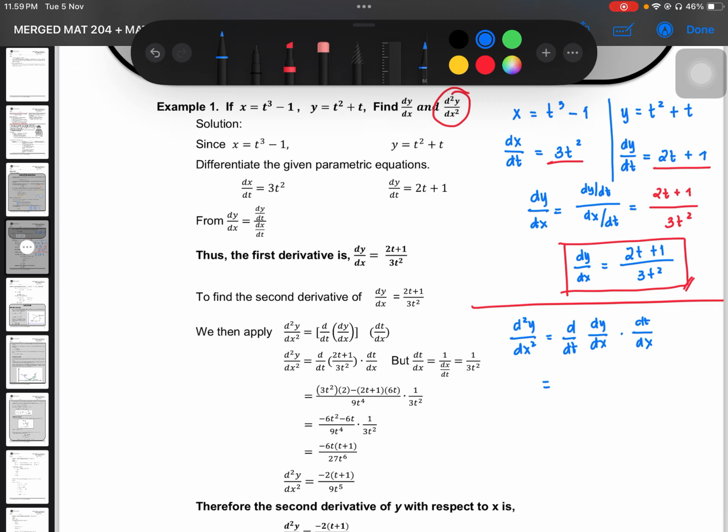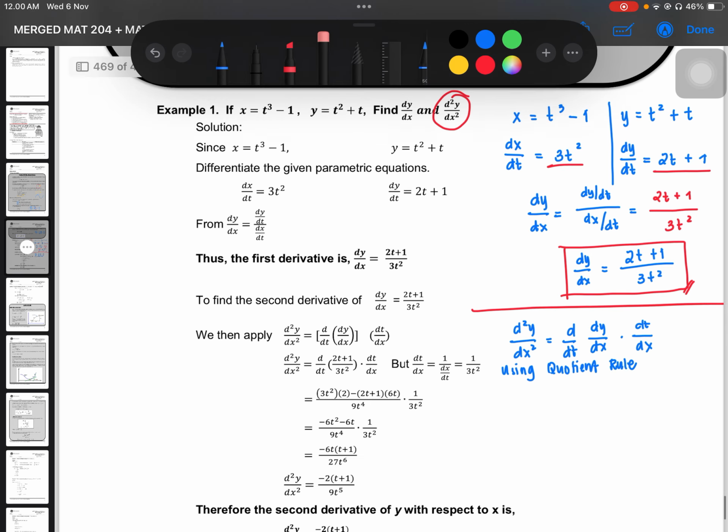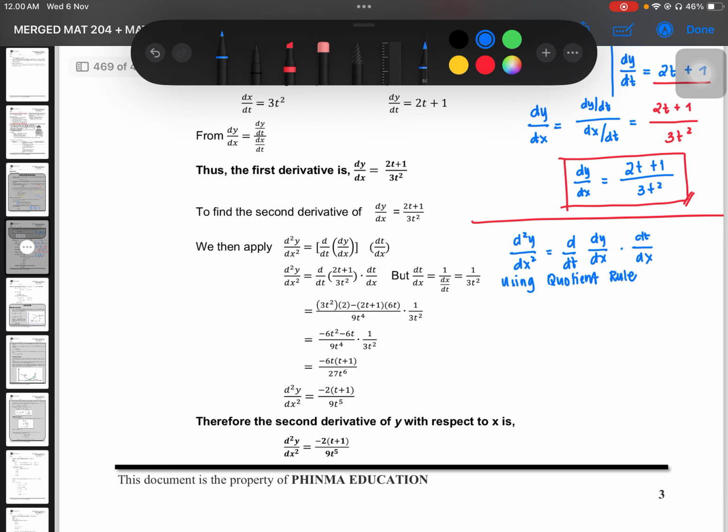Okay, so using quotient rule, we have d squared y over dx squared equals.